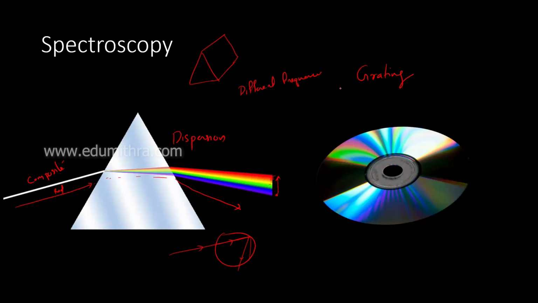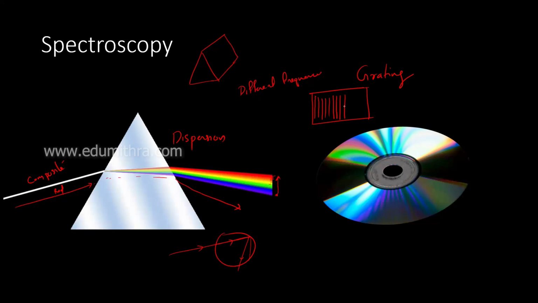Leave the CD aside for now. Take a transparent glass and draw lines on it. You can score it with some hard material, or print on it, so that the lines are opaque and the spaces between the lines are transparent, because the glass is transparent. Wherever there is a line, it is opaque.